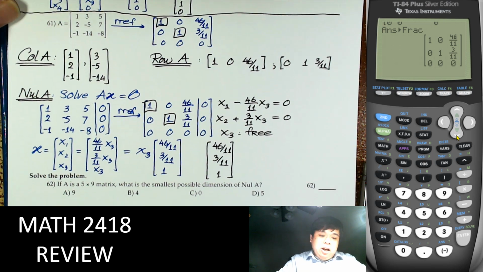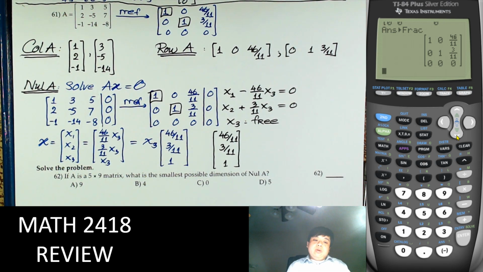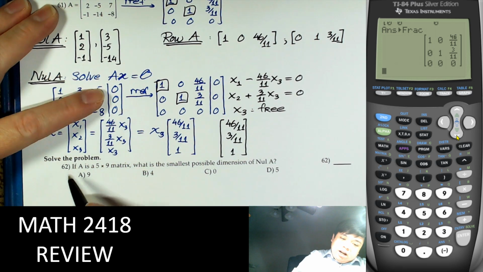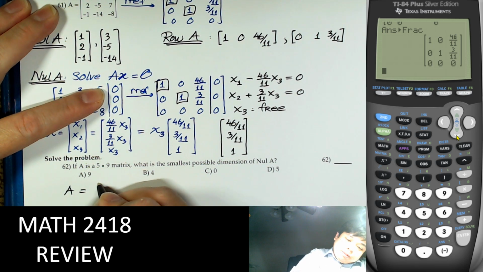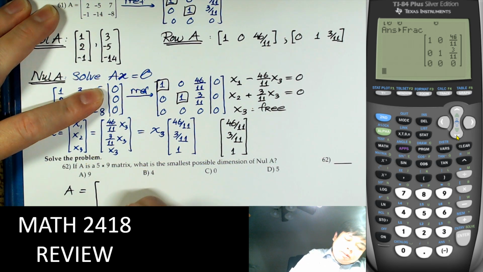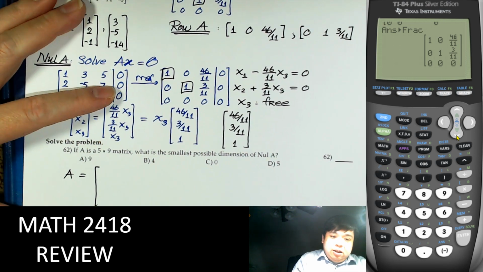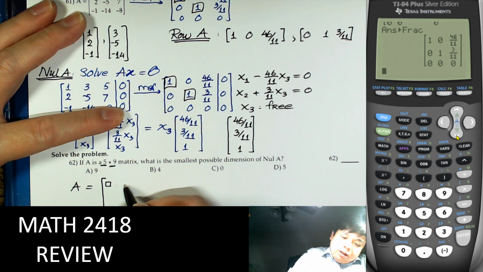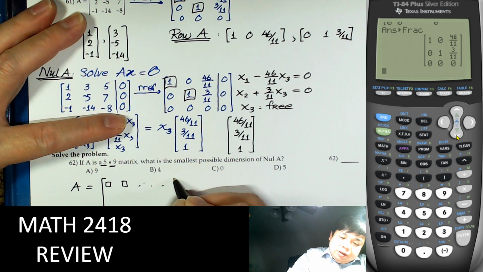Right, next, if A is a 5 by 9 matrix, what is the smallest possible dimension of the null space of A? So think about this. We have the null space of A, 5 rows, 9 columns. Number of rows, number of columns.